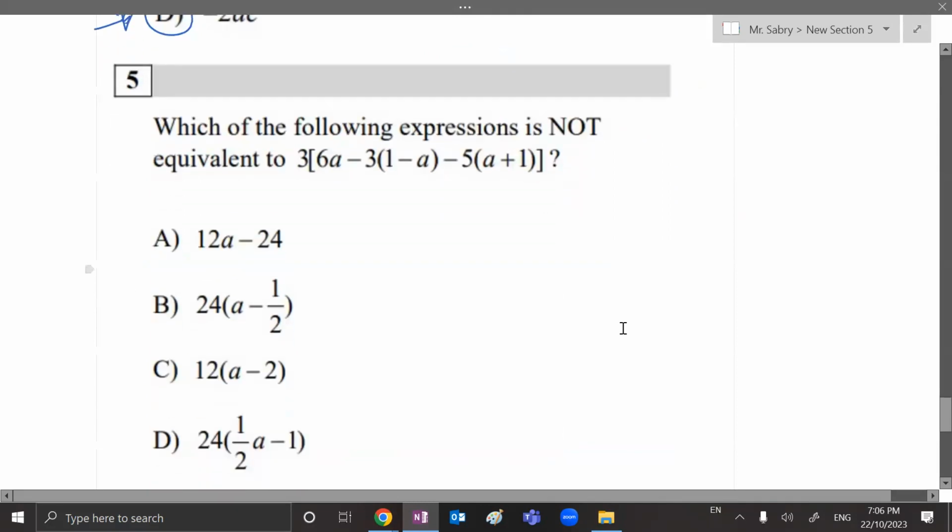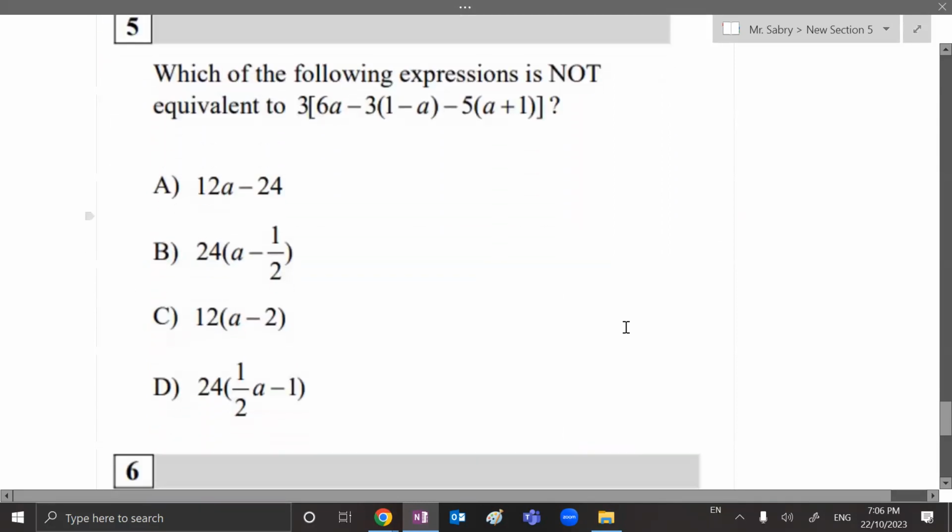If we work on 5, which of the following is not equivalent? Because it's not equivalent, I have to first simplify this as much as possible. I leave the 3 outside for the time being. I just distribute the negative 3 and the negative 5 for the time being. I leave the 6a. Negative 3 times 1, that's negative 3.